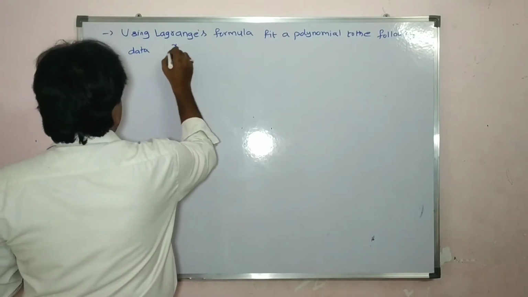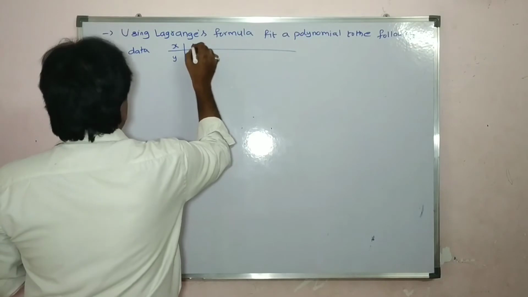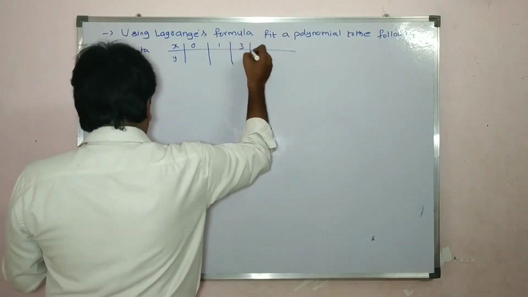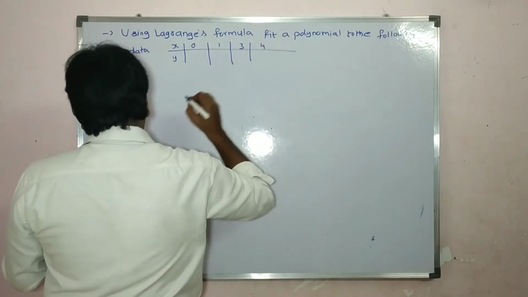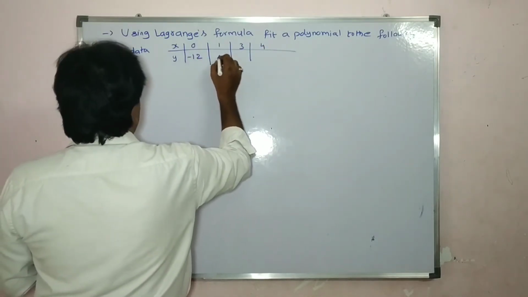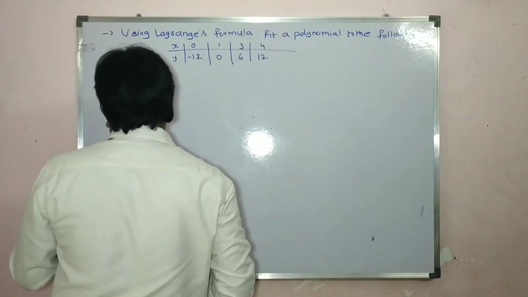X values here are 0, 1, 3, 4. Y values are -12, 0, 6 and 12.